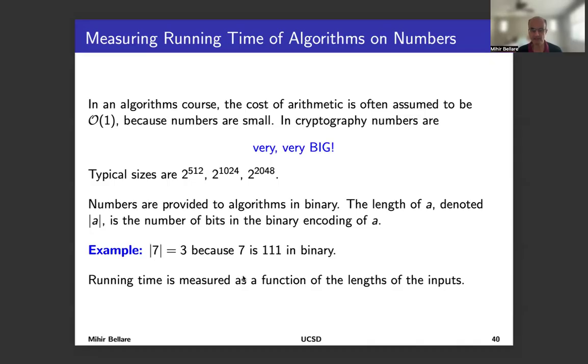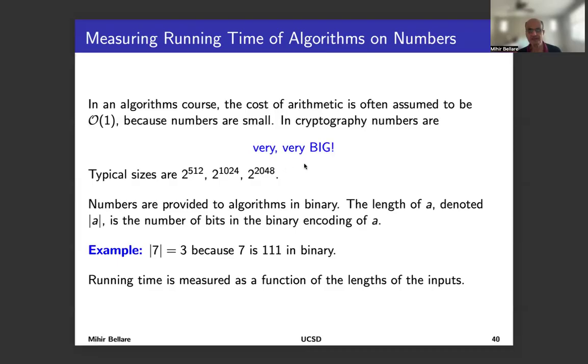In a graph, maybe the number of nodes, and for a string, maybe its length. But the convention we adopt is that when we're operating on numbers, this n is the length of the binary encoding of the number. We will be viewing numbers as provided to computer algorithms in binary, and so the length of the binary string is the thing in terms of which we'll measure algorithmic complexity.